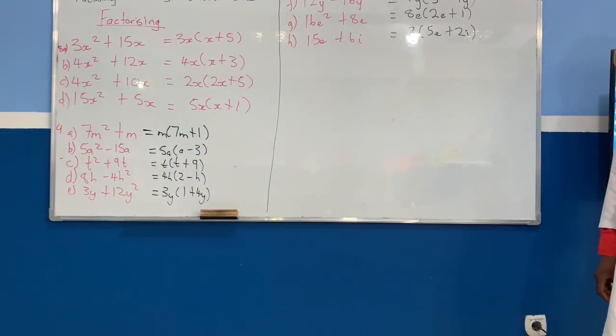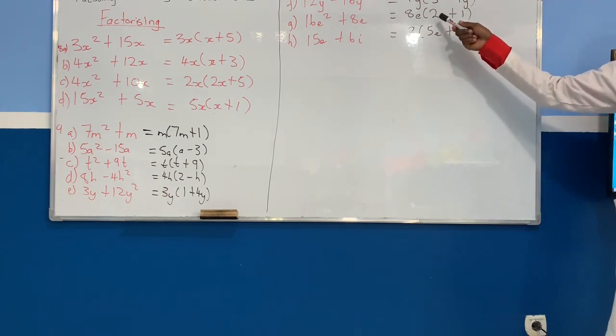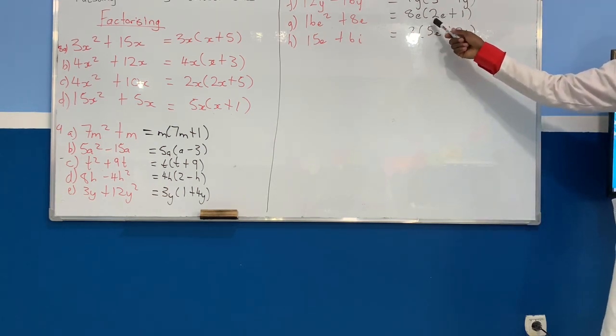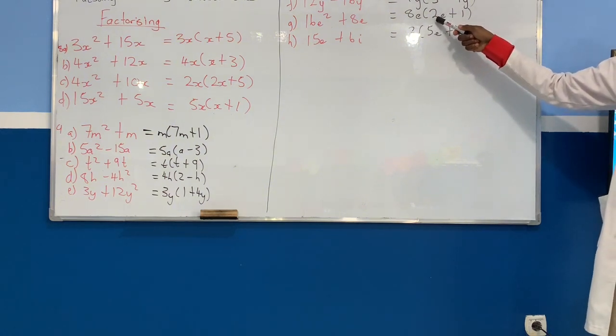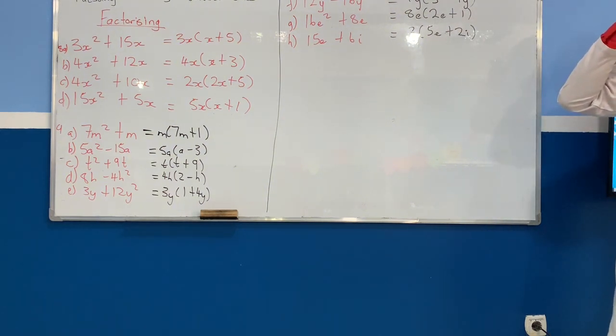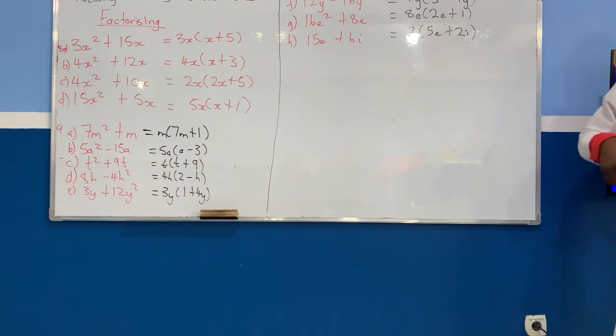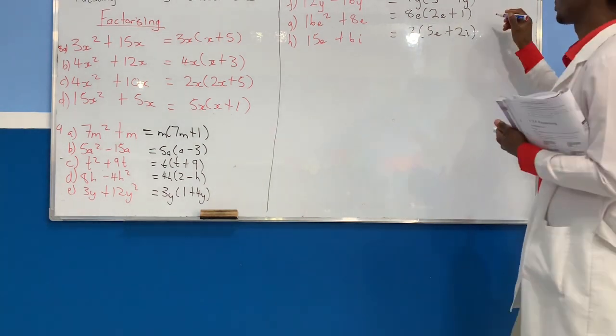Okay, so here you notice that, for example, in this question, 8a bracket 2a plus 1, or 4a and 4a plus 2 in brackets, will not work because there's still some commonality, which means you need to take the highest common factor, which is 8.